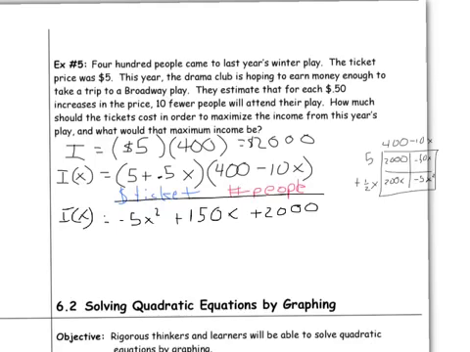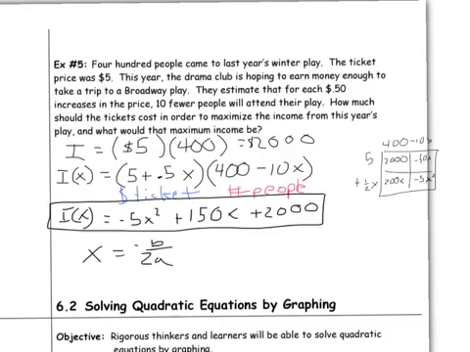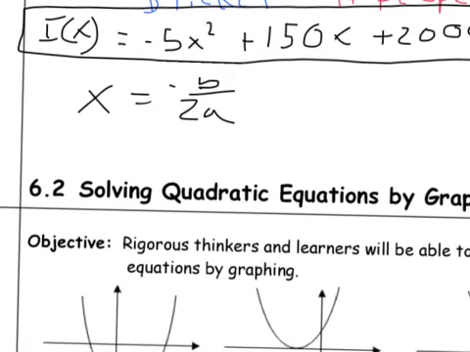Alright, now we have a function that represents our income, and we want to figure out what the highest point of this income is. Well, that's really just the vertex. And remember, in order to find the vertex, we first find the axis of symmetry. So we say x equals negative b over 2a. Well, in this situation, negative b is negative 150. 2 times a would be 2 times negative 5.